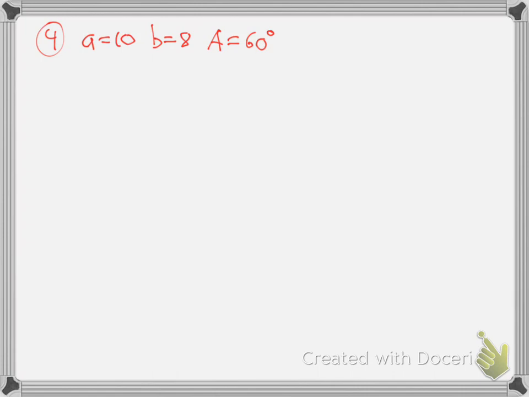You know what to do. Law of sines, right? So we'll just jump in with law of sines, and that'll be A over A. So 10 over sine 60 is B, which is 8, over sine of capital B. And I don't know what capital B is. That's what I'm going to try to find. You could have started with the B. It doesn't matter which one comes first or second. Is that okay what I'm writing? Does that make sense right now?